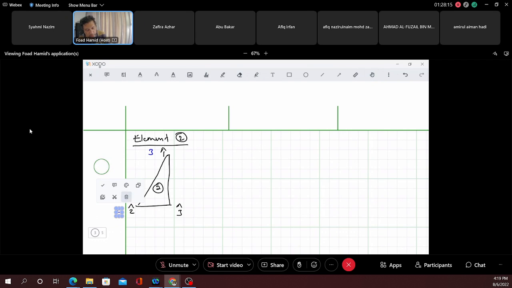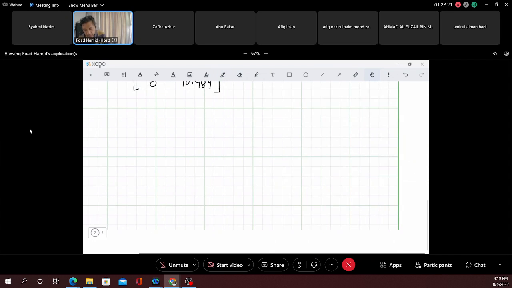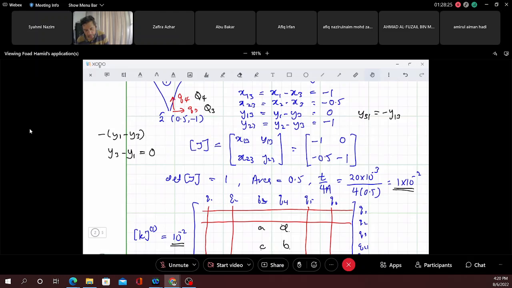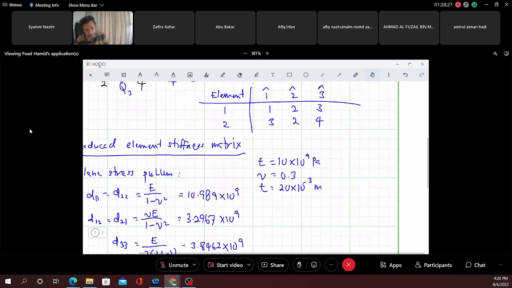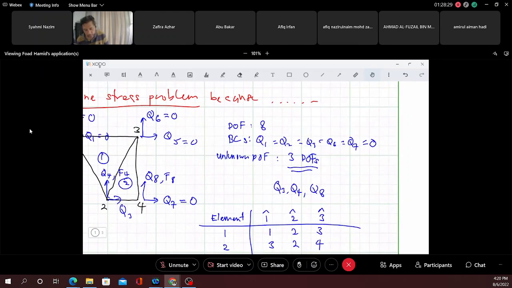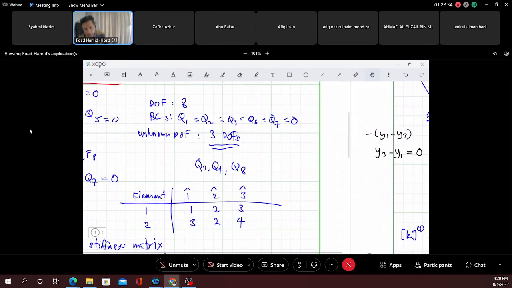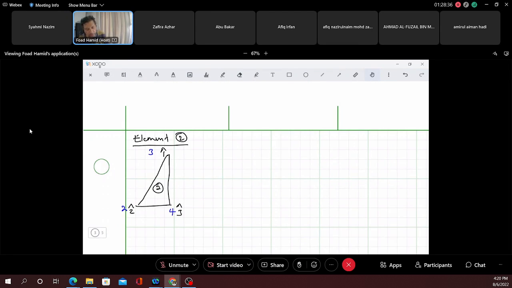I think this is 2, 3, 2, 4 globally. Double check. Okay, 3, 2, 4, 3, 2, 4. Okay, correct, 3 to 4. So now this is the global node number. The black one with the head is the local node number.